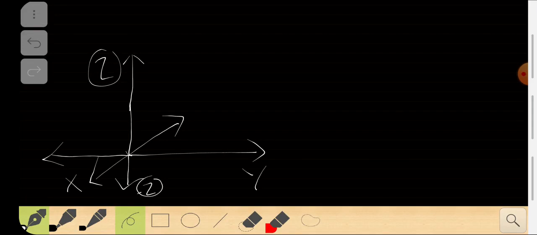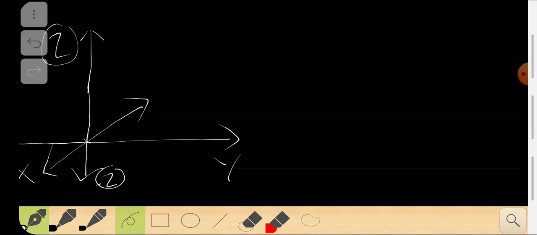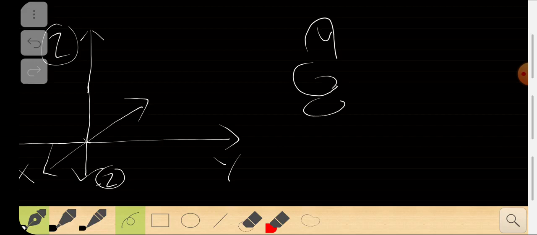Now how can you easily understand if it's a right-handed system? There is an easy way. You can stick out your thumb and rotate the fingers of your right hand from the x-axis to the y-axis. In that case, it's a right-handed coordinate system, and the thumb represents the z-axis.